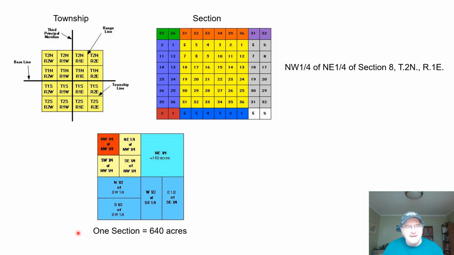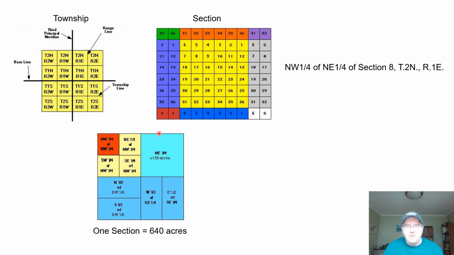So if this is section 8, the northwest 1/4 of the northeast 1/4, so we're going most specific to least specific. So northeast 1/4 would be this area here, and the northwest 1/4 of that would be this area right here.